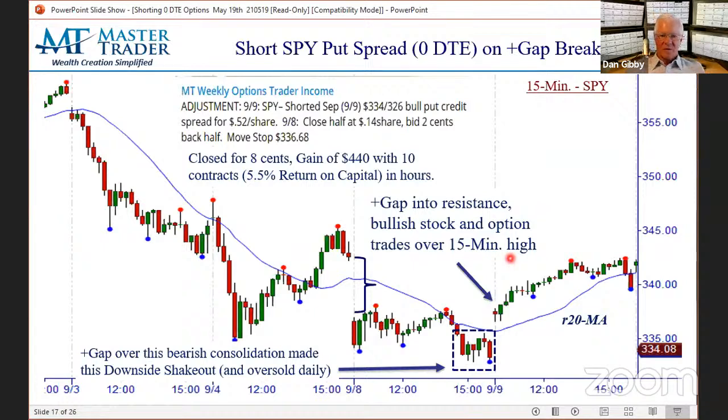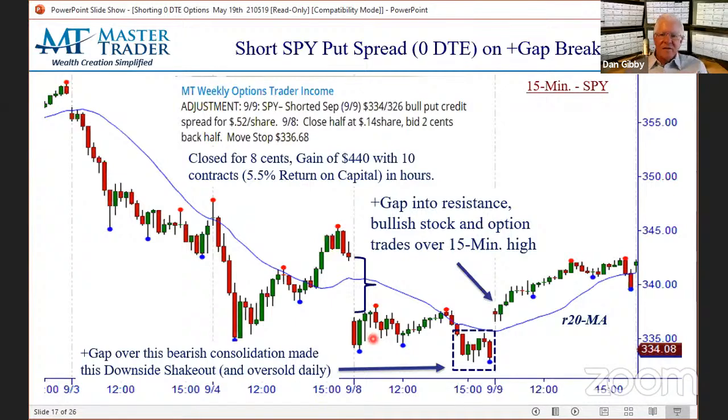Again, it's the same concept. Beautiful gap up here. This 15-minute chart of the SPY totally suggested lower prices. A gap deep into resistance and then taking out the 15-minute high, and then we sell a put under the prior day's low. It's just a no-brainer.